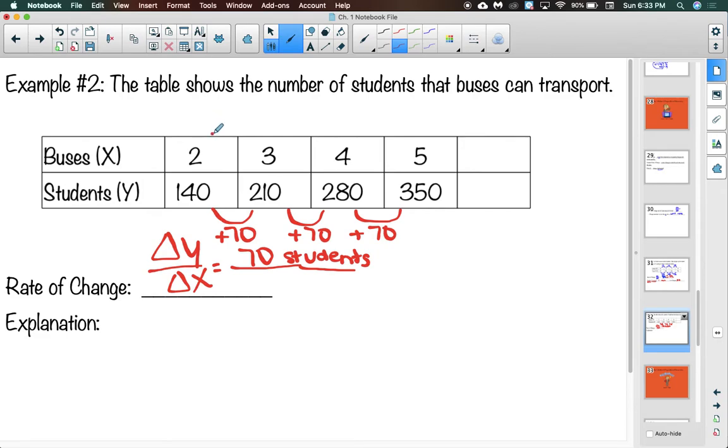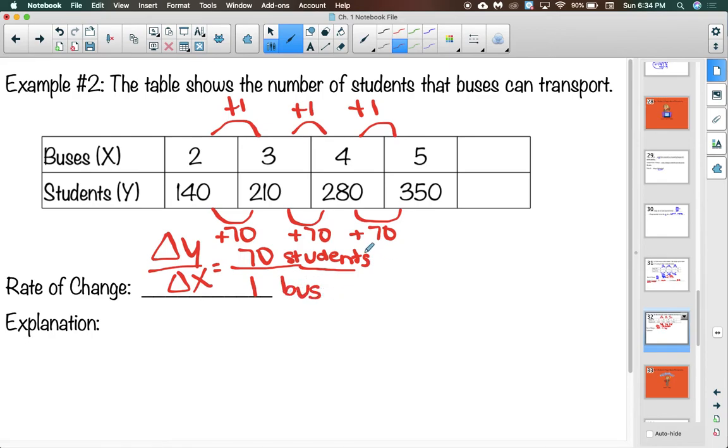Now we need to find our delta x number. 2 to 3, we're increasing by 1. 3 to 4, we're increasing by 1. 4 to 5, we're increasing by, you guessed it, 1. So again, all of our unit rates end up being the same here. And our delta x number is going to be 1. And that 1 unit goes with buses.